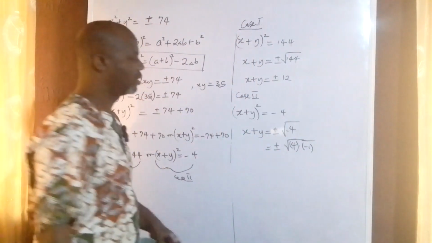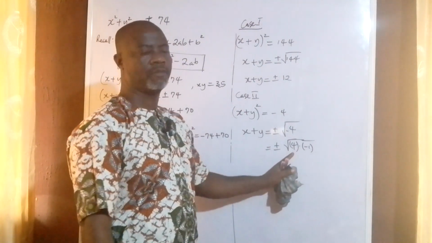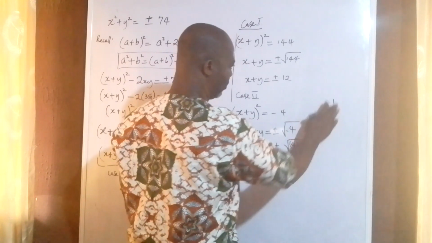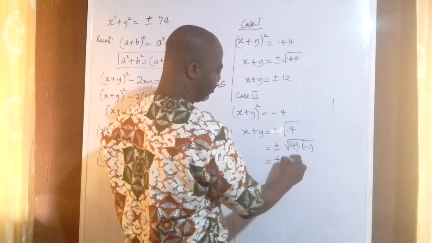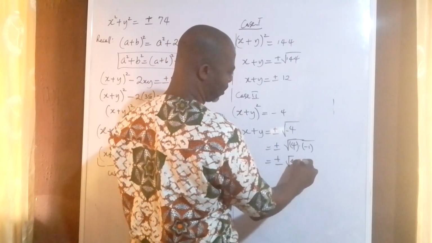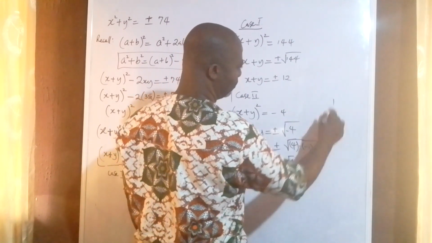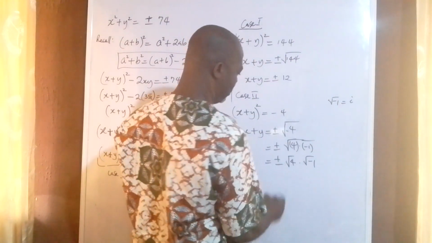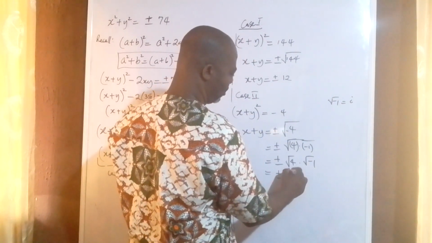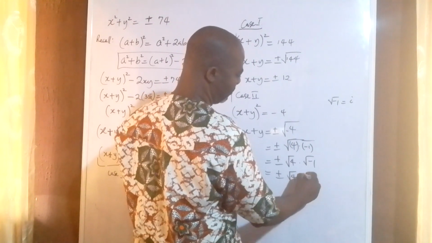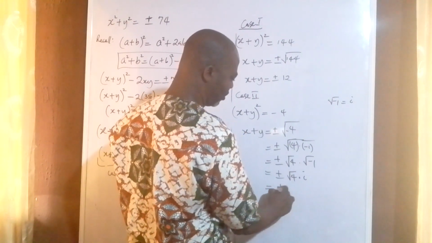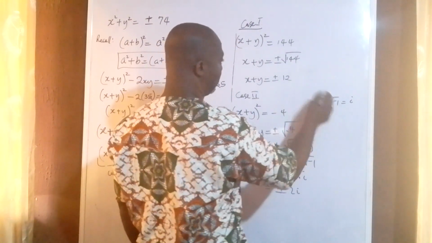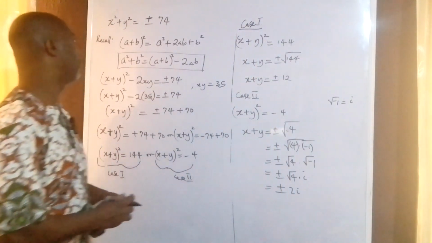We break up this minus 4 into 4 multiplied by minus 1. So we get plus or minus the square root of 4 times the square root of minus 1, and the square root of minus 1 is i. So we have plus or minus the square root of 4 times i, and the square root of 4 is 2, so plus or minus 2i. So these are the solutions to this problem.